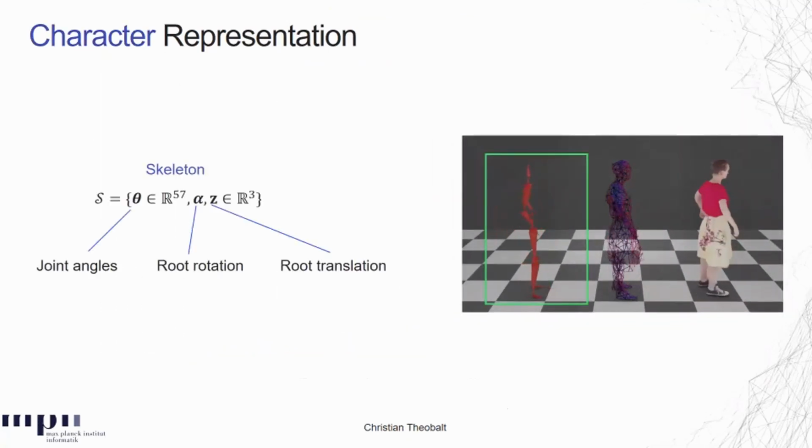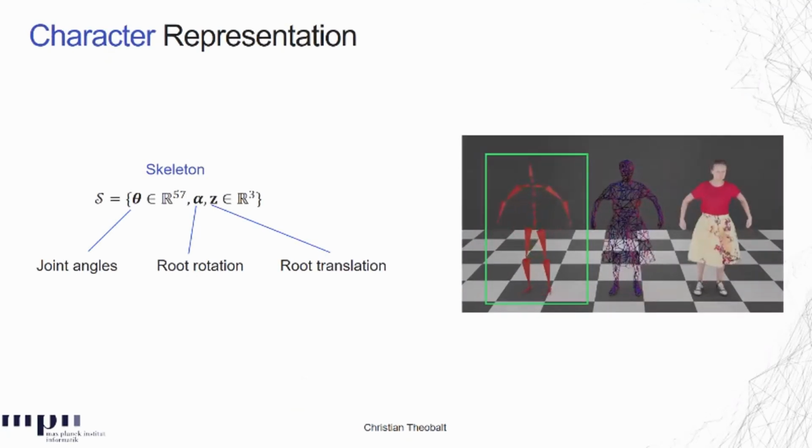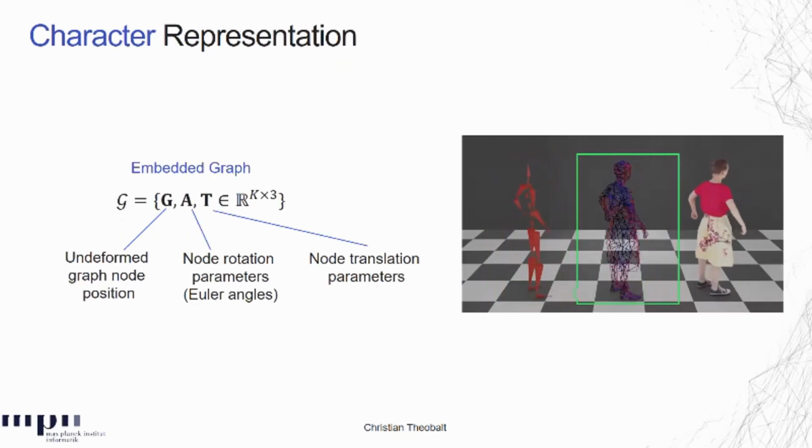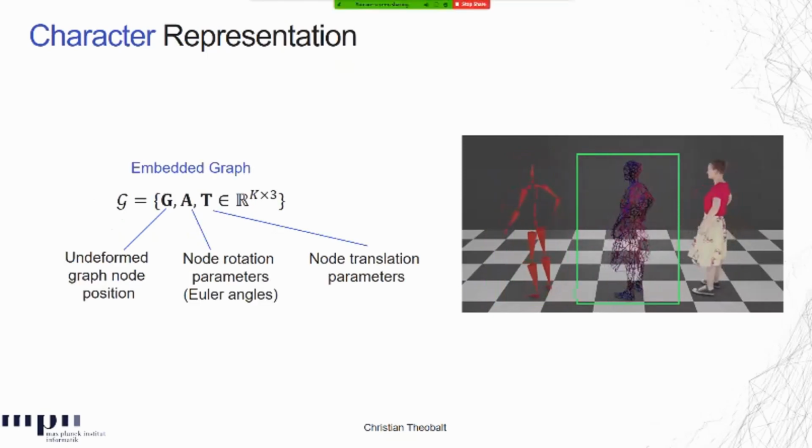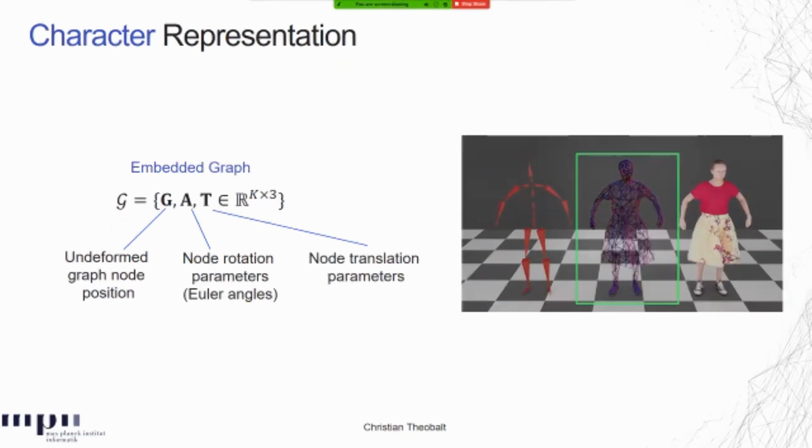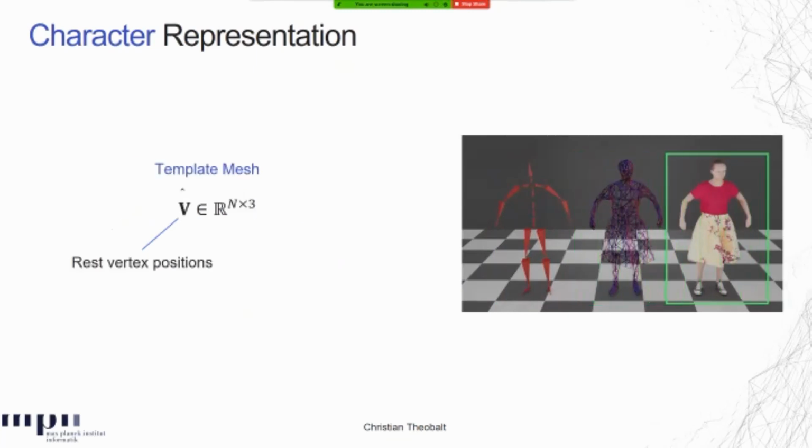The skeleton is parameterized in terms of joint angles and global pose. The embedded graph is parameterized with the node positions in the rest pose, as well as a per node rotation and translation, which allows to deform the graph and the underlying template mesh. Finally, the fine-scale template mesh can be represented with the vertex positions.